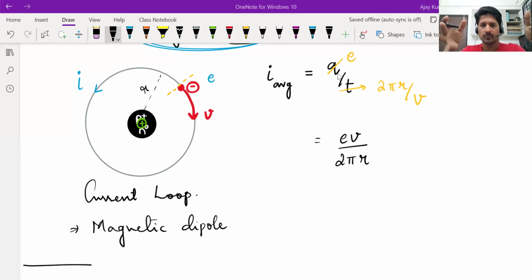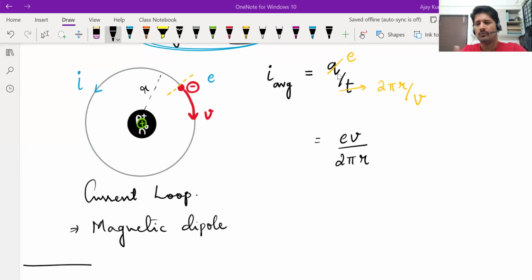So many hydrogen atoms put together, they are all dipoles, but they are aligned in random orientations. So the net dipole moment of the entire material can become zero. At the atomic level, they are dipoles. But at the object level, or at the system level, the net dipole moment disappears. That possibility is there.